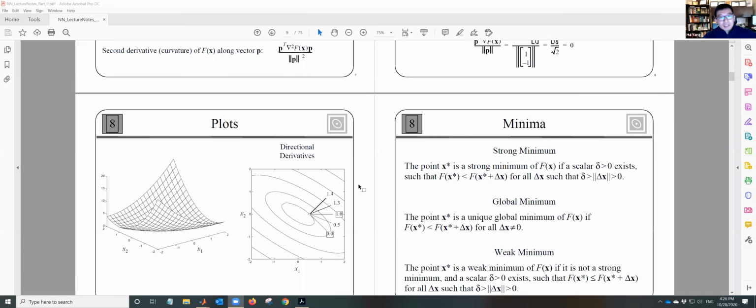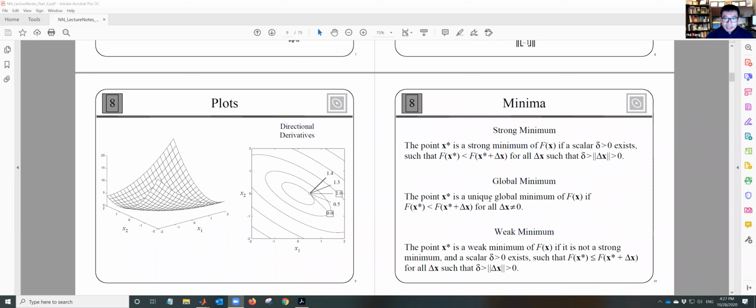Now, let's have a look at the minimal. We have a strong minimum. The x star is a strong minimum of f(x) if a scalar delta greater than 0 exists, such that f(x star) is less than f(x star plus delta x) for all delta x such that delta is greater than the norm of delta x, which is greater than 0. This is a strong minimum. And then global minimum.